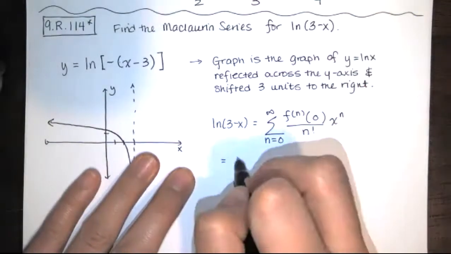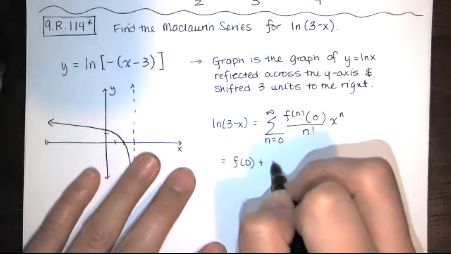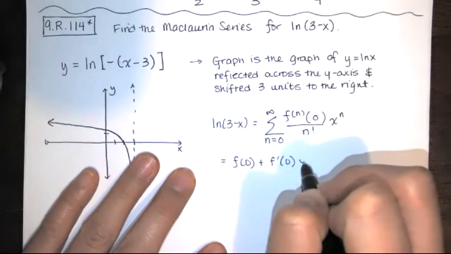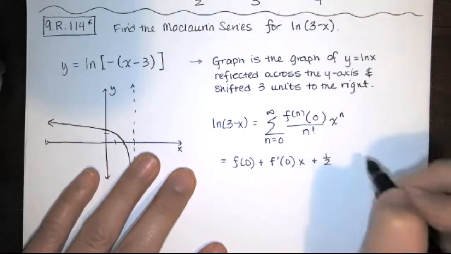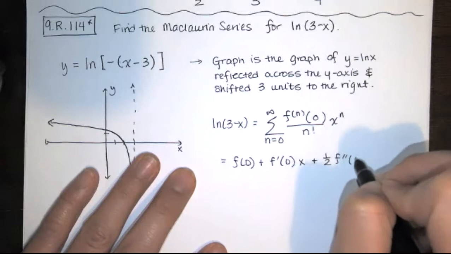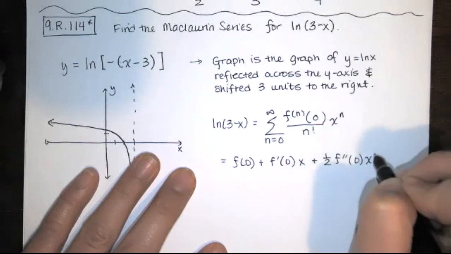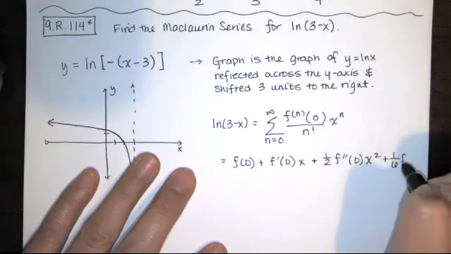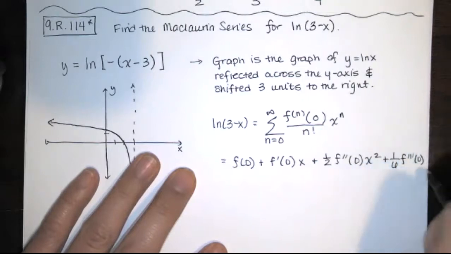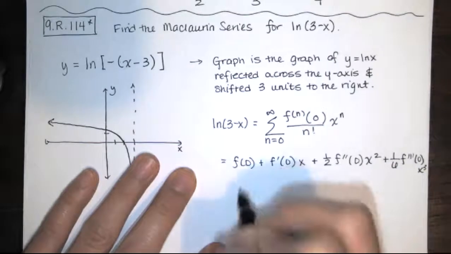Or in other words, this is f of 0 plus f prime of 0 times x minus 0 to the first, plus 1 over 2 factorial, which is just 2, times f double prime at 0 times x minus 0 squared, plus 1 over 3 factorial times f triple prime at 0 times x minus 0 cubed, and so on.